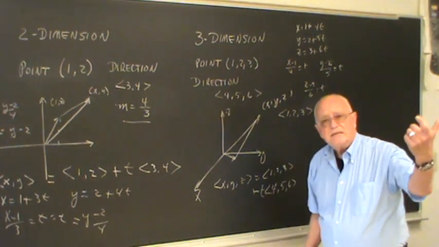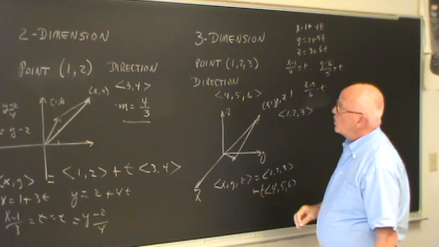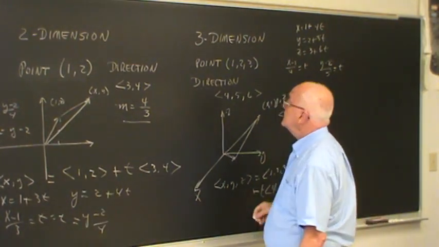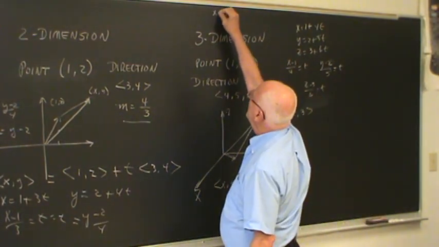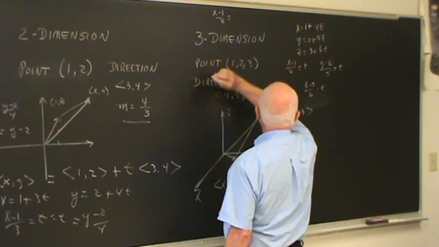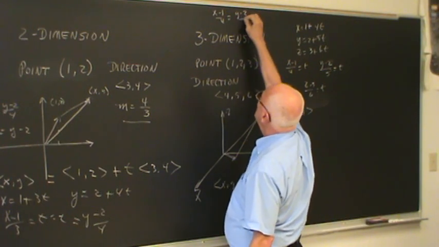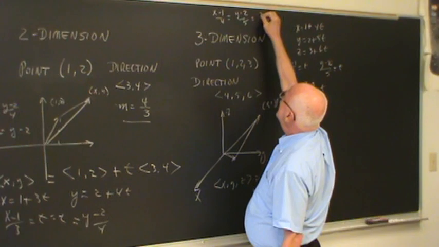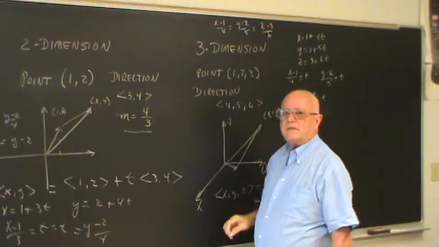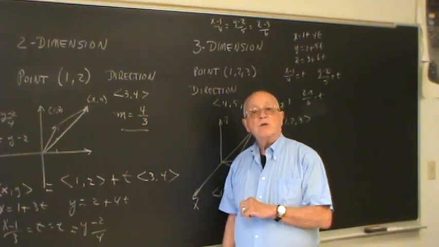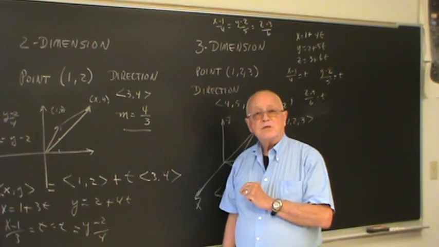And since the t's are all equal, the equation of the three-dimensional line is x minus 1 over 4 equals y minus 2 over 5 equals z minus 3 over 6. The strange equation of a line in three space.